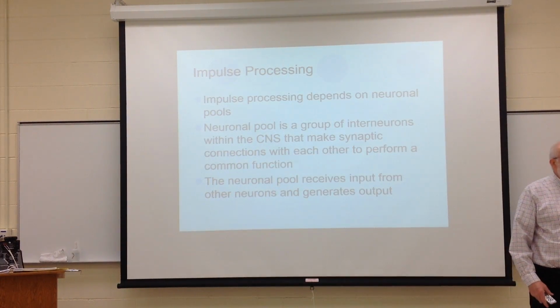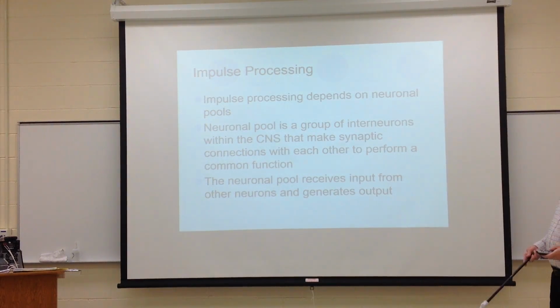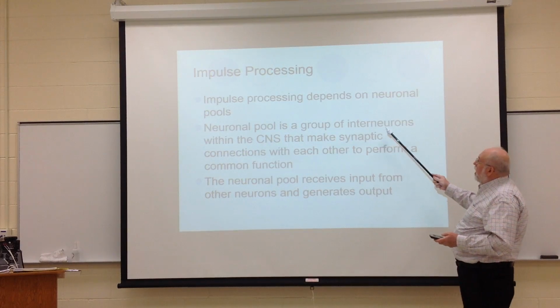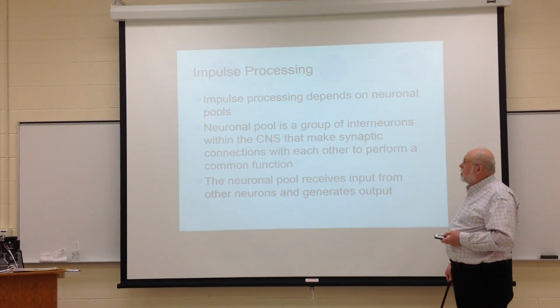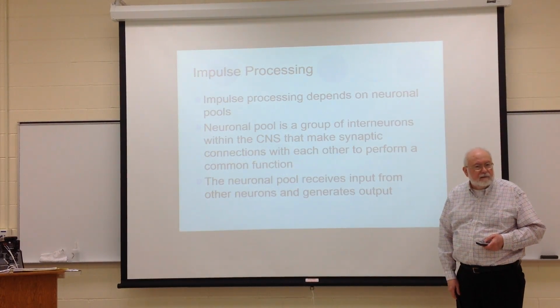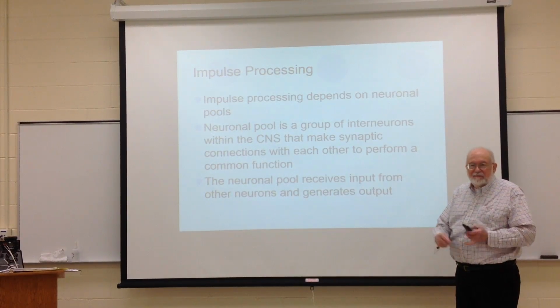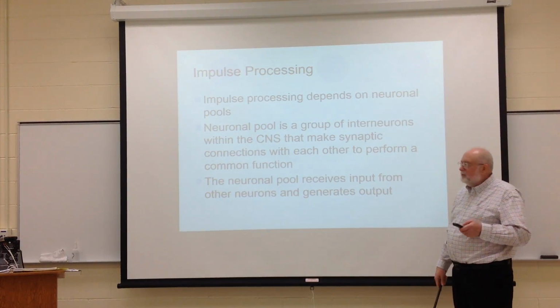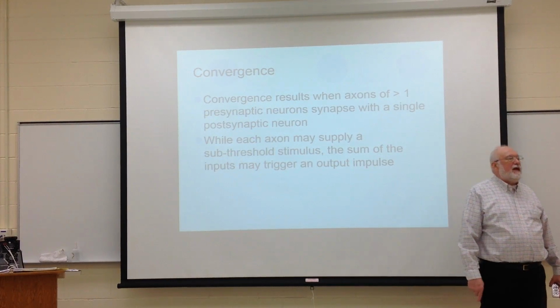All right, impulse processing depends on neuronal pools. Networks of presynaptic and postsynaptic neurons. All right, so a lot of times we find these involved with what we call interneurons, of course. And where do you find the interneurons located? Central nervous system. All right, now pools can either be of two types.